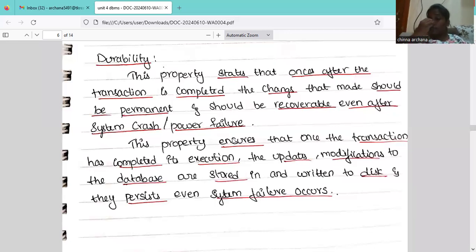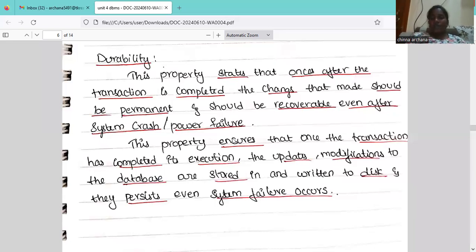Those values are permanently stored in the database, and they should persist even after system failure occurs. Even after system failure, we should be able to recover the consistent data even after the system crash. So this is all about the properties of transaction.